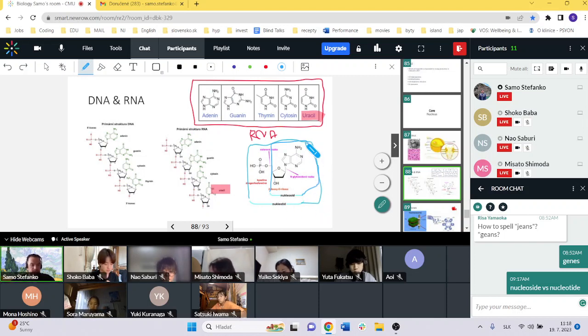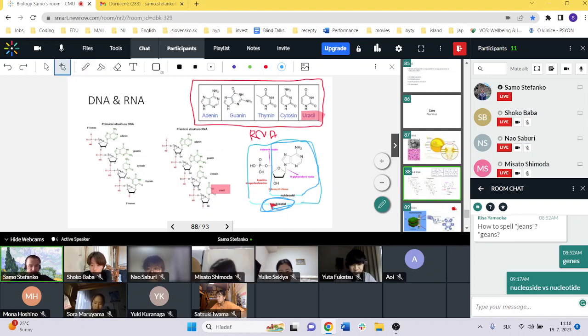Most of the time we will use nucleotides in our discussions, but you should know what a nucleoside is. You will understand later, during medicine studies, why nucleosides are important. So far it's not important for us, but please just remember this is not the same thing.